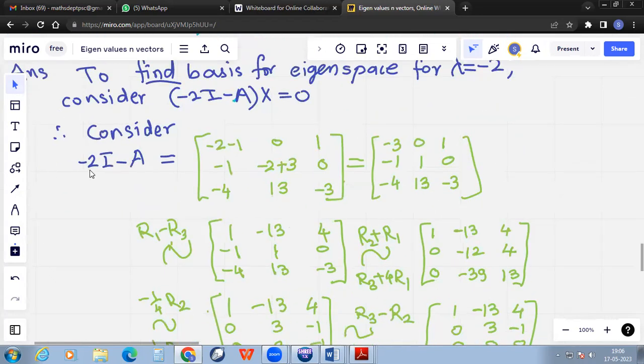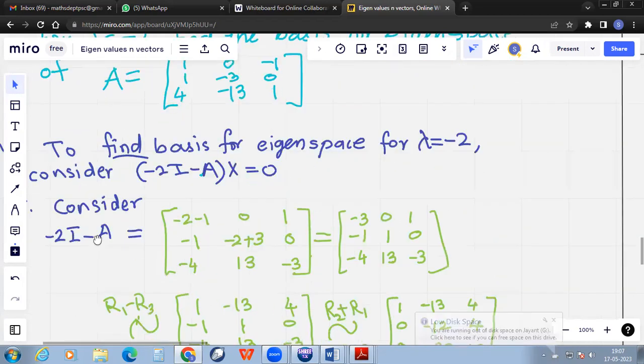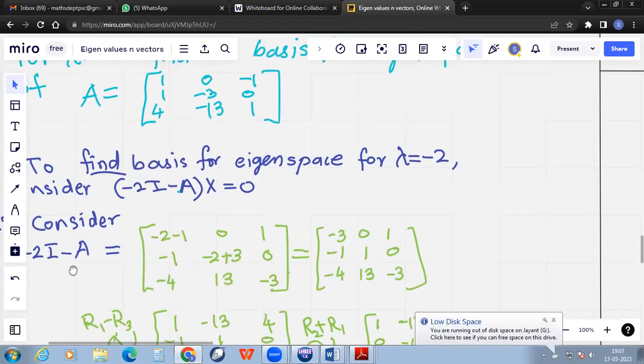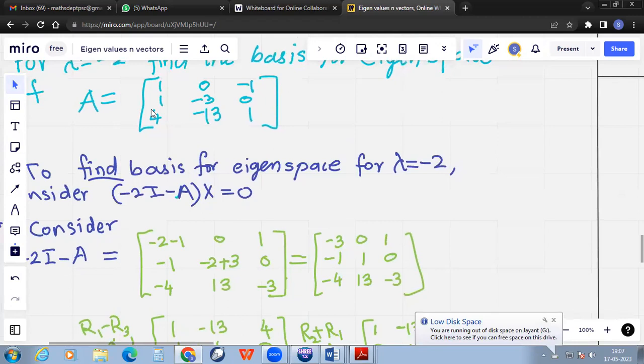So you can see −2I − A. Along the diagonal you will find minus 2 everywhere, and from that we are subtracting the entries of A. I would like to keep this A in front of us. Then minus 2 minus 1, then along the diagonal you see minus 2 plus 3, and lastly you have minus 2 minus 1, so directly I have written 3 here.